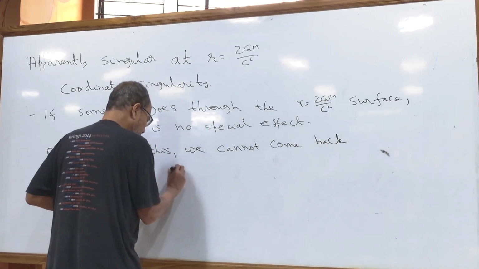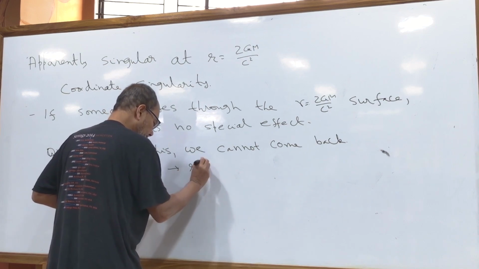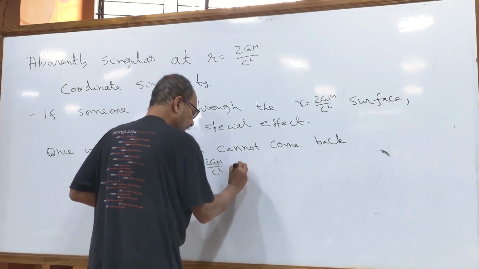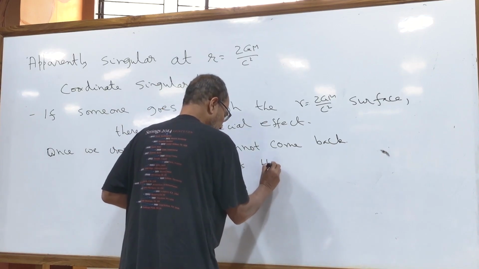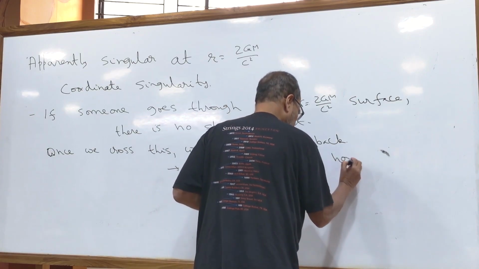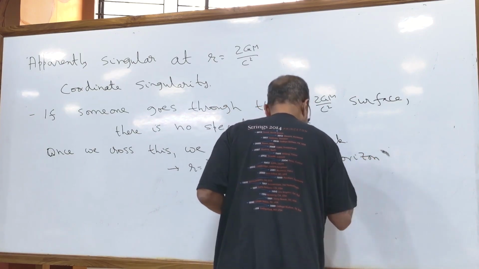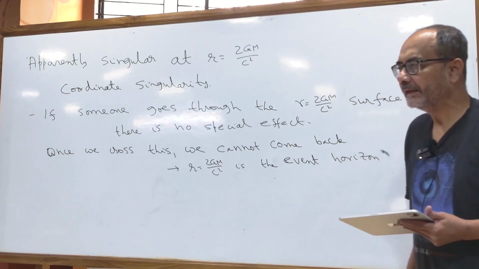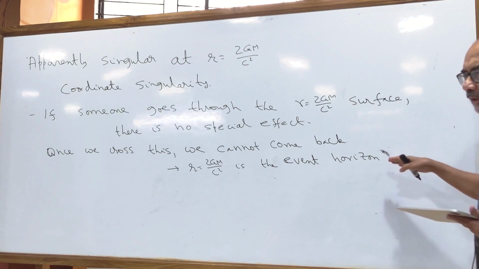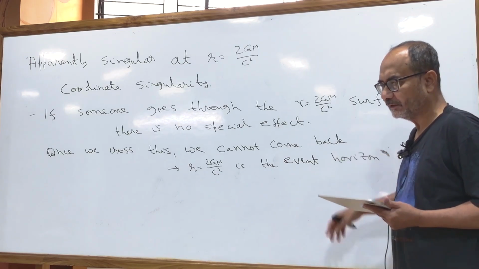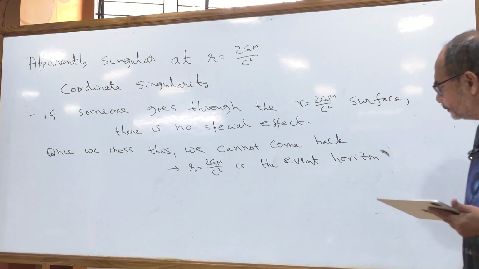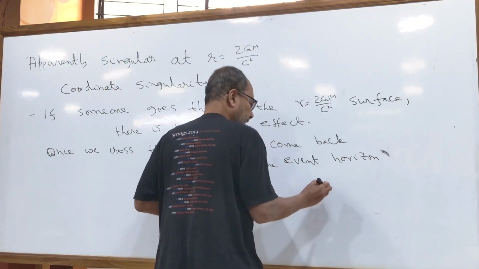And this is what is described by saying that r equal to 2GM over c squared is the event horizon. Is this familiar to everybody? And you probably also saw the Penrose diagram yesterday, right? So we did the Penrose diagram to show that this is really like a one-way membrane.